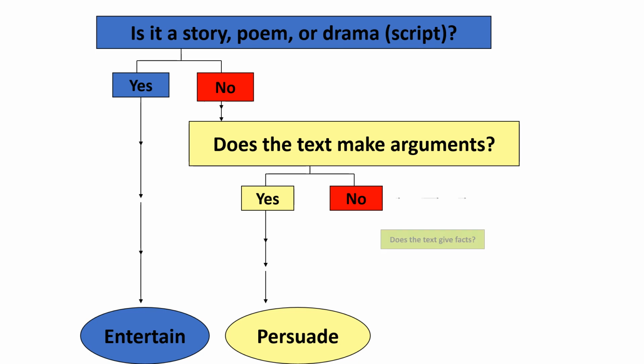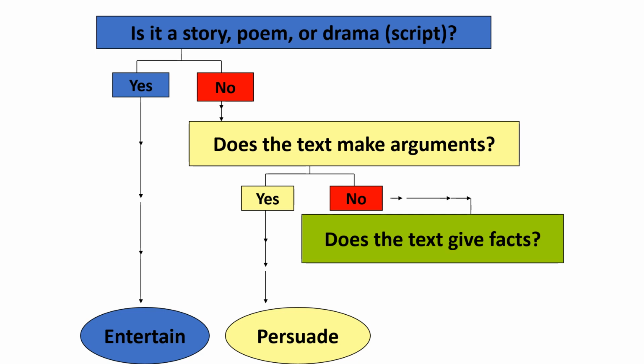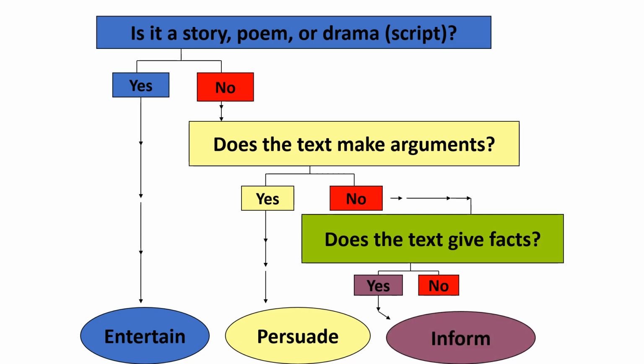But if no, the third question we ask ourselves is, does the text give facts? And again, yes or no. If it gives facts, then the purpose is to inform. To make this clearer, if the answer is no, you have to start over again because it has to be one of those 3 things.